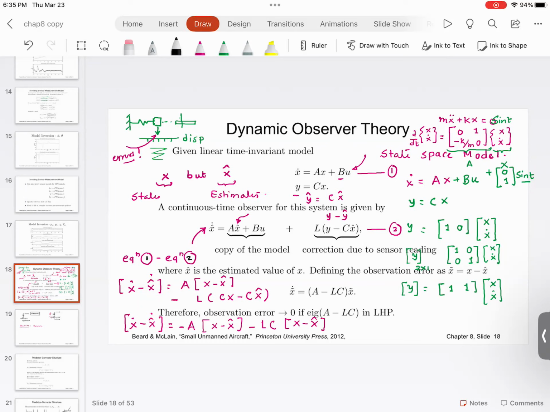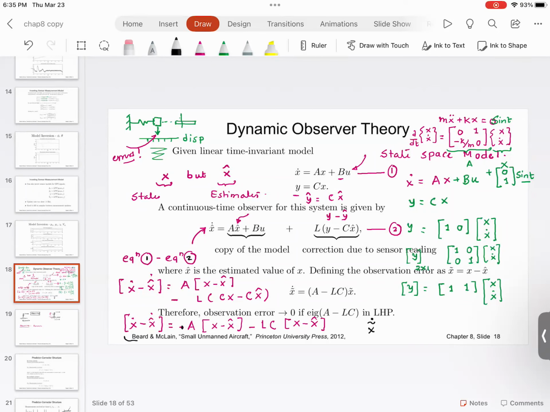Everyone understood this? At this point, L is arbitrary. We don't know the value of L. Now, when you perform this subtraction, and I want you to understand this very fundamentally, because what comes out of it is very nice, you have an equation for x tilde dot.